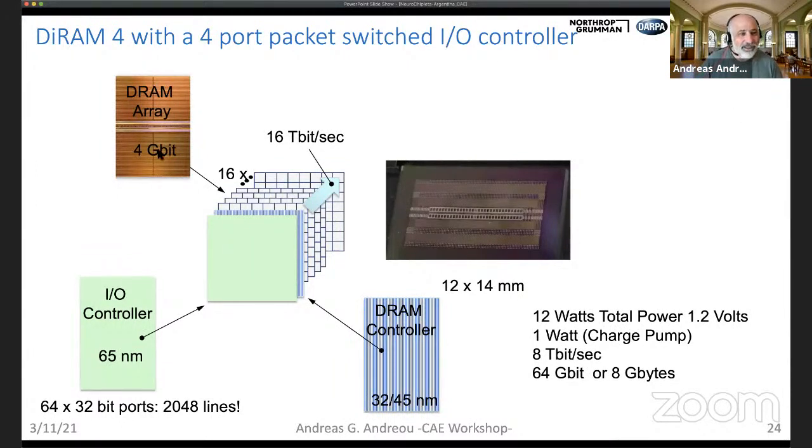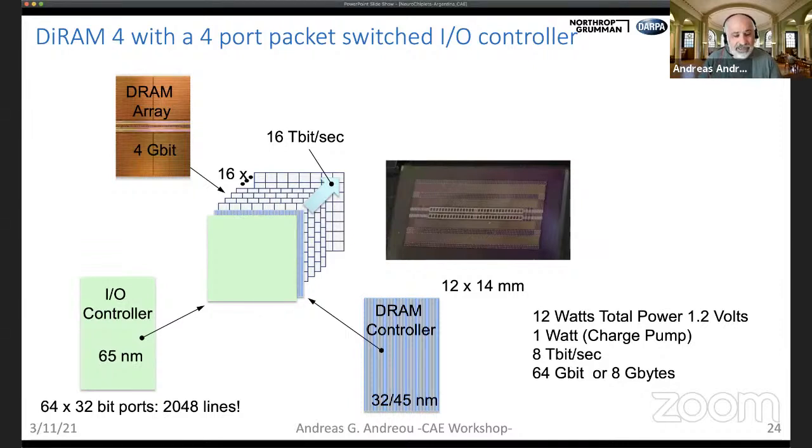one DRAM chip. It consists of a stack of 16 DRAM arrays, each one 4 gigabit arrays. It has an aggregate of 16 terabits per second bandwidth within the stack. You have an I/O controller and a DRAM controller fabricated in 45 nanometer technology, and this memory has 64 lanes of 32-bit ports.